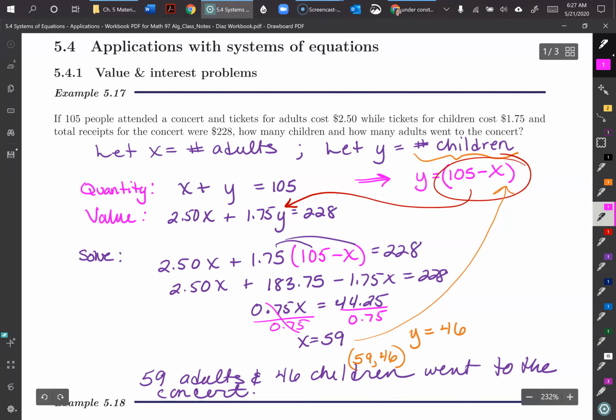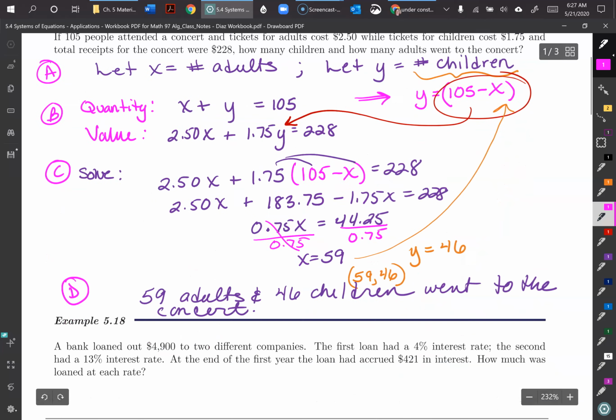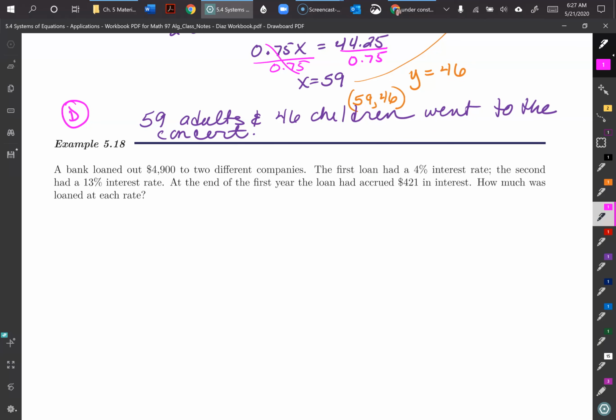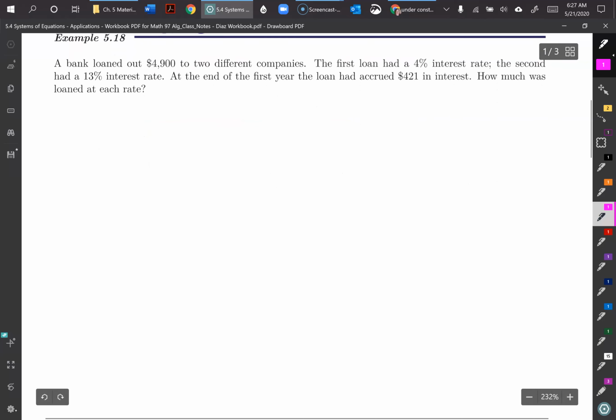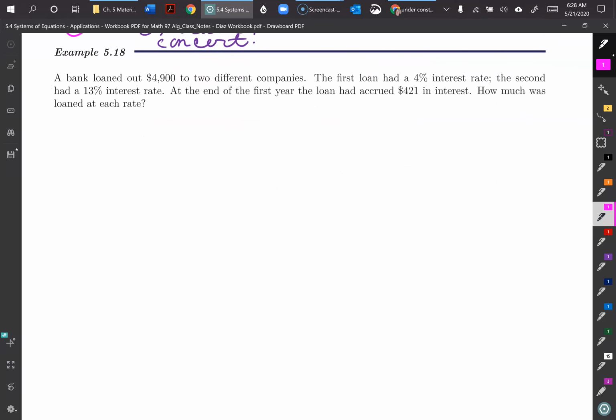So remember, this is part A, part B, part C, and part D, if we're talking about our problem-solving process. So you should see all that. Now this one I would like you to do for classwork. This again should look very familiar to you.